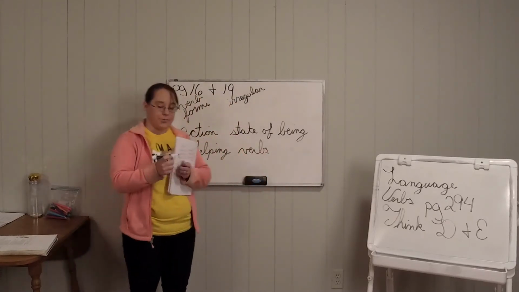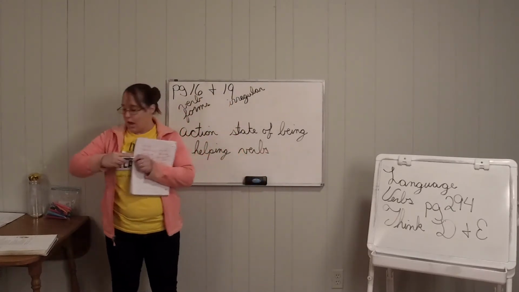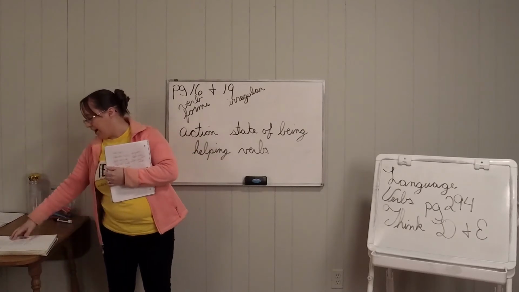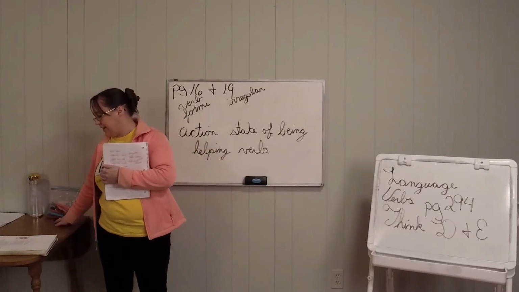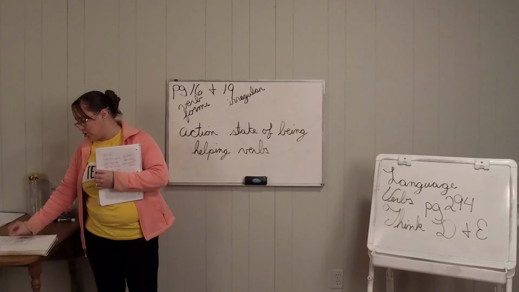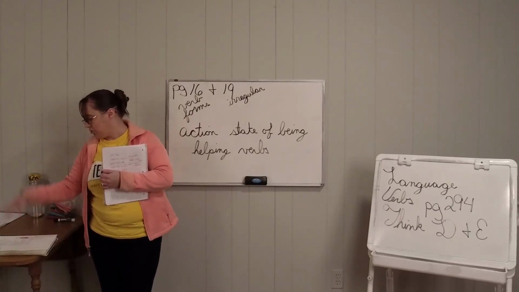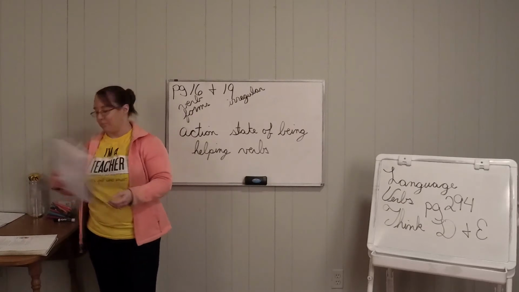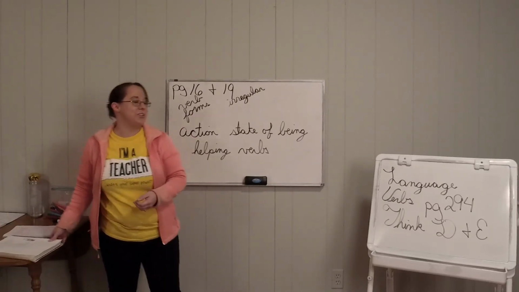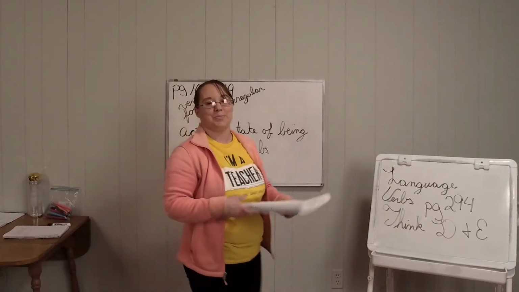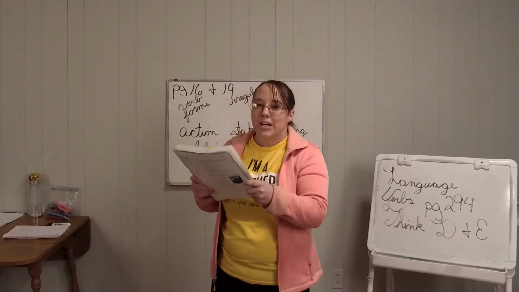So that's your verbs. Alright, I'm going to do the first 5 with you on Think D, and then the first 4, well actually, we'll see on Think E. So let's look on page 294 in your language book. You're almost done with this language book.